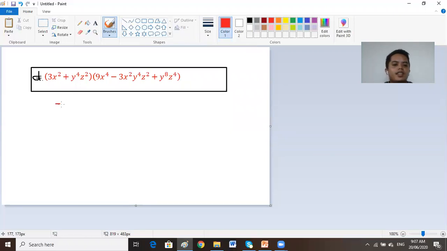So 3x squared, 9x^4 minus 3x squared y^4 z squared plus y^4, y^8 z^4.